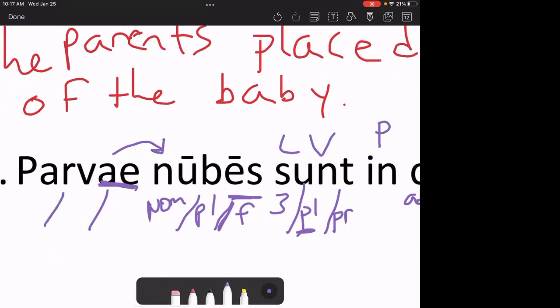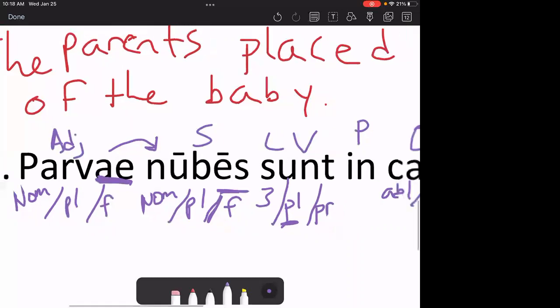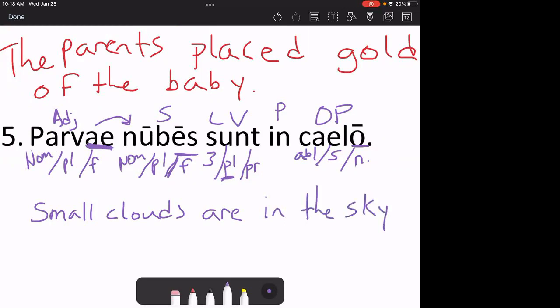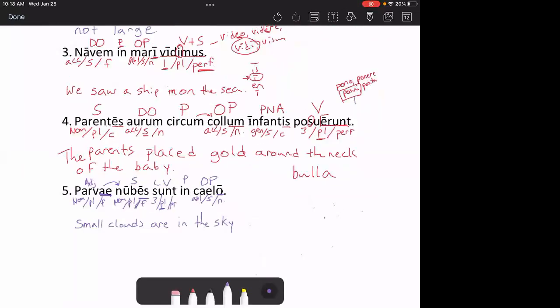So assuming we're correct, that means it is also plural feminine. And if we look at our endings, yes, that is a nominative plural feminine ending. Okay, so we label parvae as just an adjective. Nubes is our subject. We are done with all of that. Parvae nubes. Parvus is small, right? Small clouds are in caelo, the sky. And that is that.